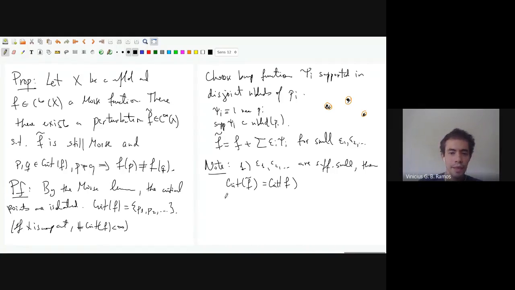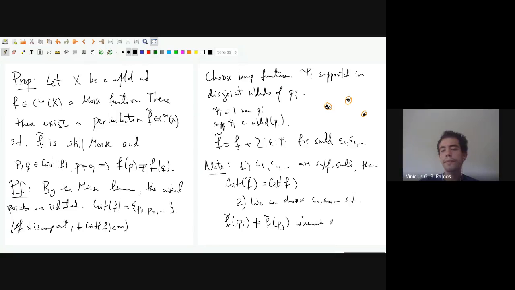And the second thing to note is that we can choose these epsilon 1 up to this infinite sequence such that the image of p i is different from the image of p j whenever i is different from j.